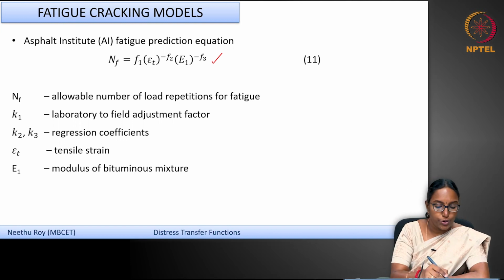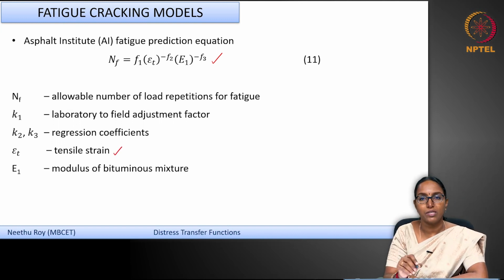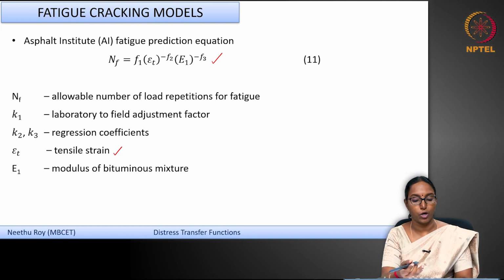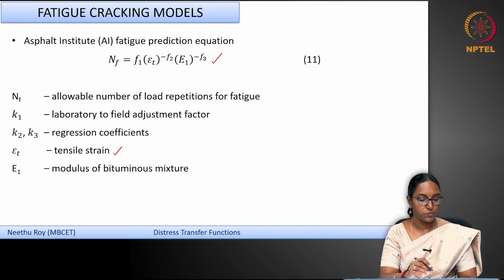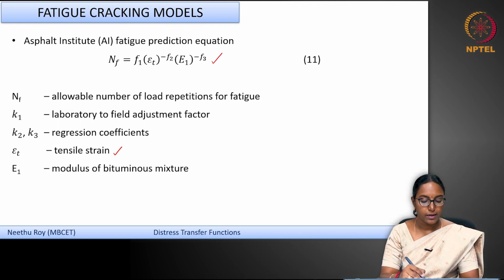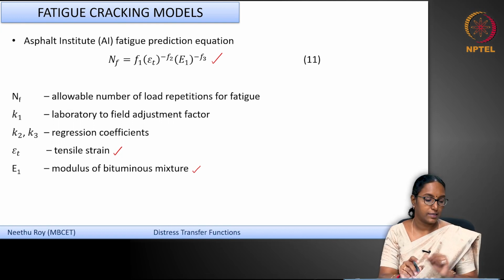How do you get this tensile strain? In the pavement structure, for a particular load application, you can find the critical strain at the bottom of the bituminous layer. That forms the tensile strain here. E1 is the modulus of the bituminous mixture, and F2 and F3 are the regression coefficients, and F1 essentially represents the laboratory to field adjustment factor.